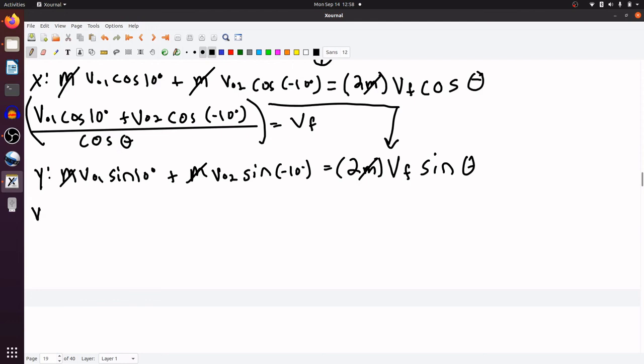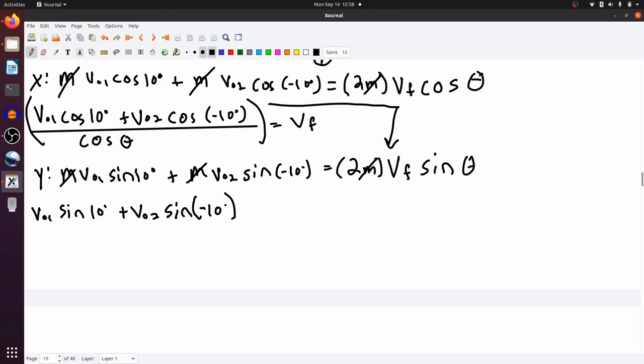That gives me v01 sine of 10 plus v02 sine of negative 10. Put parentheses around that so I make sure I see my negative here.